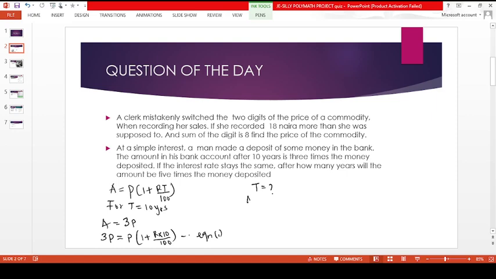So at this point, the amount is equal to 5 times the money deposited, and we now have 5P is equal to principal, all in the bracket, 1 plus rate times time over 100, all in the bracket close. Here we know that r stays the same, and I'm calling this equation 2.